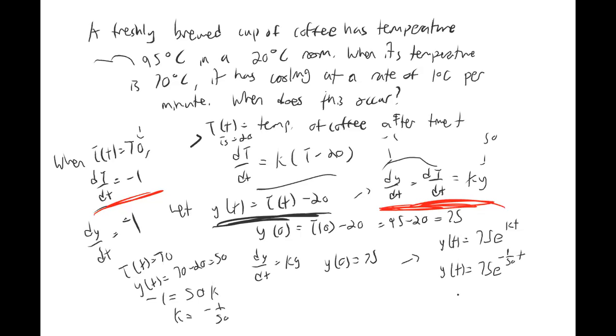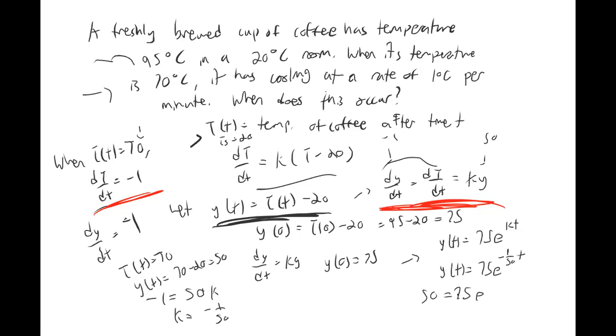And so now what do I do next? It's asking when does this occur, so let's just solve. When y of t is 50, my temperature is 70.